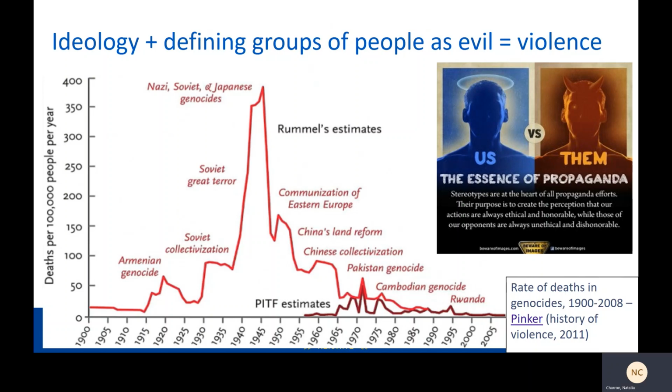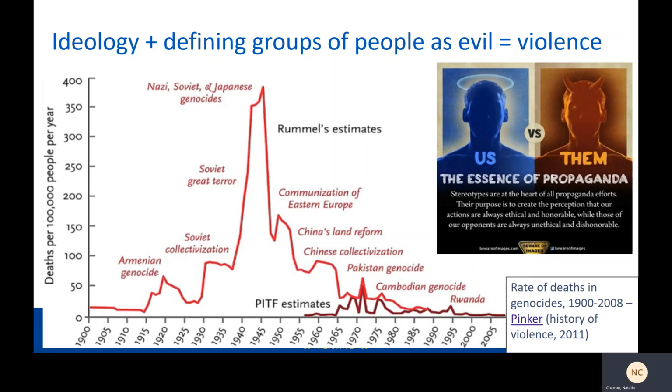These dynamics led to some pretty horrific violence in the 20th century. Once you get to people thinking on ideological terms and defining different groups of people as evil, you get the makings for more and more acceptance of more and more horrific violence against others.